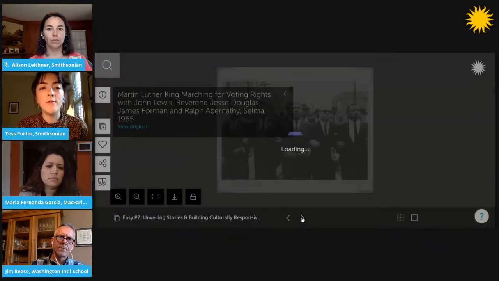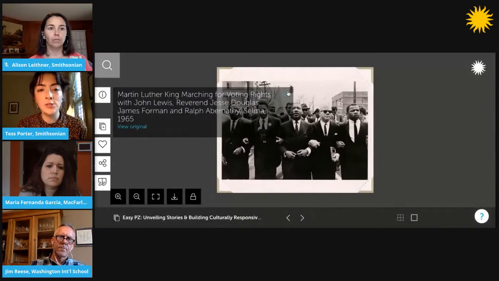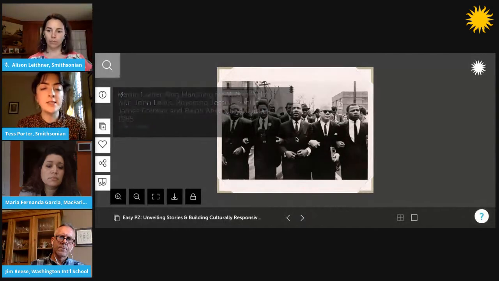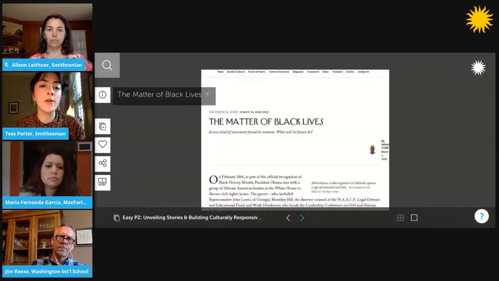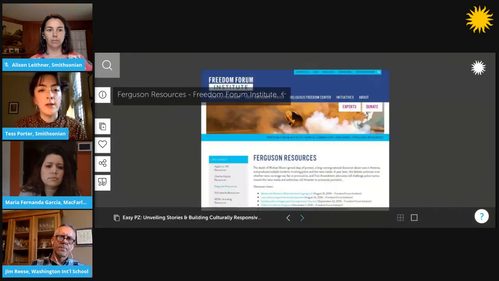It's a reworking of this photograph of Martin Luther King Jr. The second article focuses on the Black Lives Matter movement and provides more context on the movement itself. Likewise, there's a resource here from the Freedom Forum Institute focusing specifically on Ferguson and understanding the events that happened there.